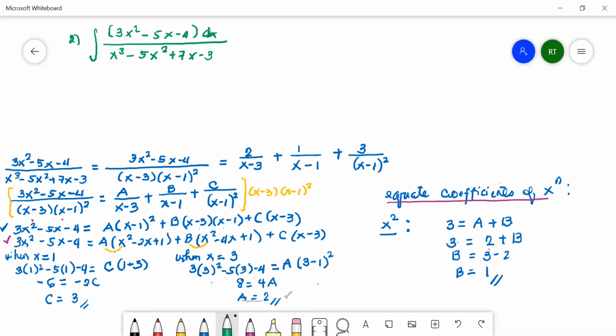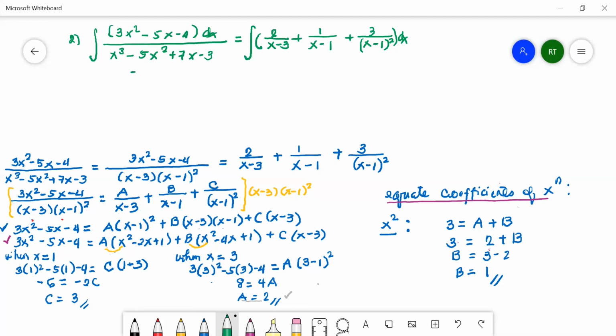So going back to our problem, then we can express this as the integral of quantity 2 over x minus 3 plus 1 over x minus 1 plus 3 over x minus 1 raised to the second power times the differential of x. And we can express this as sum of integrals.